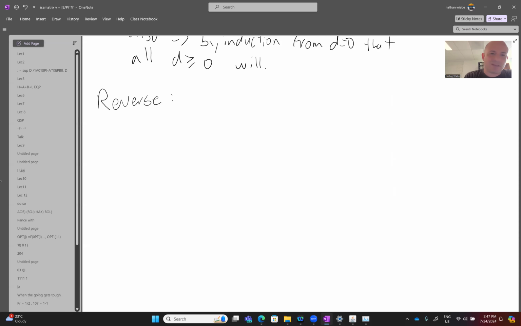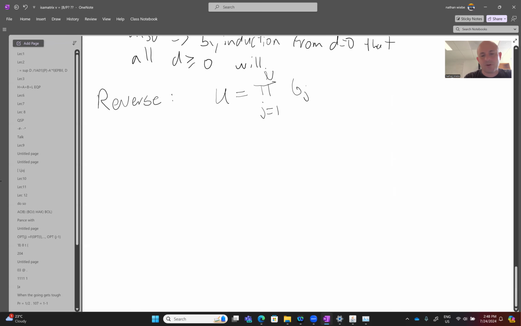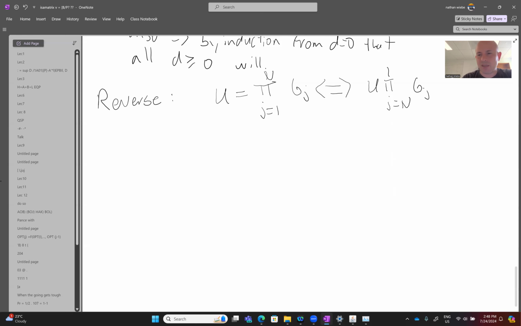The way that we ended up doing that, and you can see my previous lectures, or look at Nielsen and Chuang or some other reference for this. The key idea is, if I want to figure out a sequence of gates to implement U, one way of doing this is to find a product from j equals 1 to n of some fundamental gates G. This is equivalent to saying that I'd like to find some sequence of G's such that U times the product from j equals n down to 1 of G_j inverse is equal to identity.